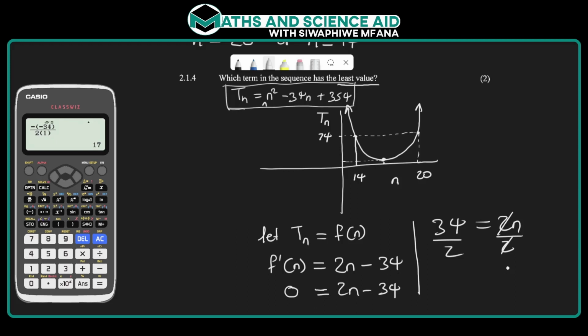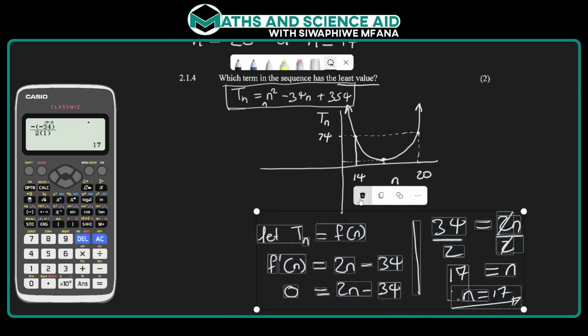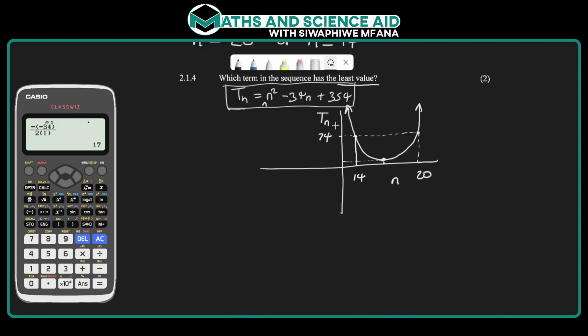So 2 cancels 2, and 34 divided by 2 is nothing other than 17. And so n is 17. We are still getting the exact same answer as before. Again, this is not the only way. There is one more technique you can use to find that same answer.